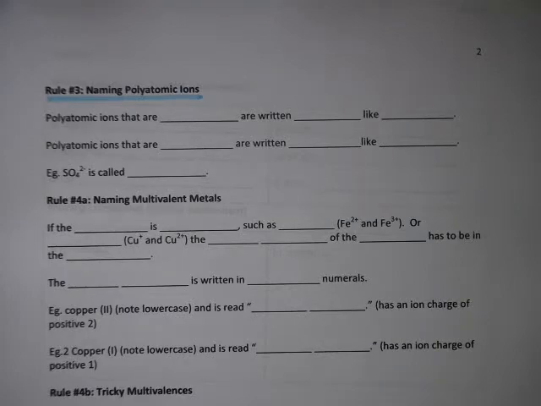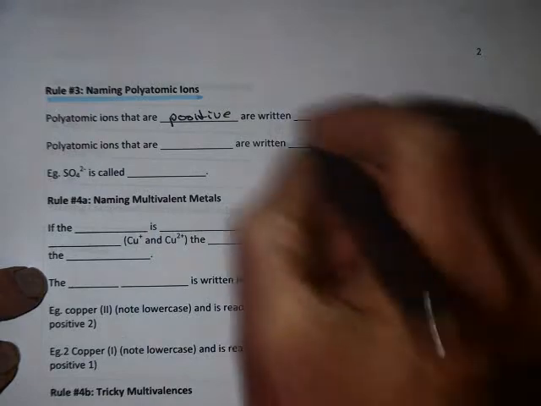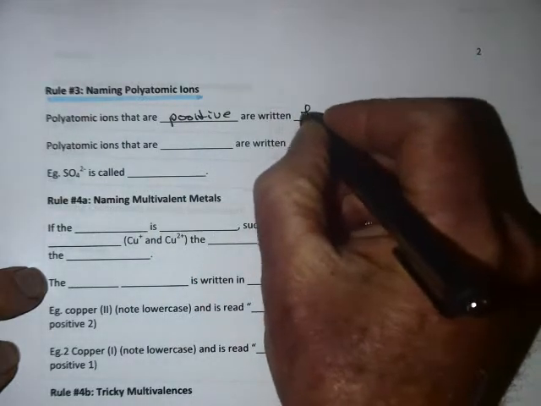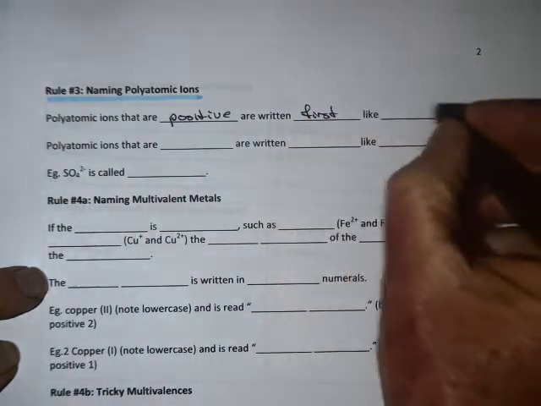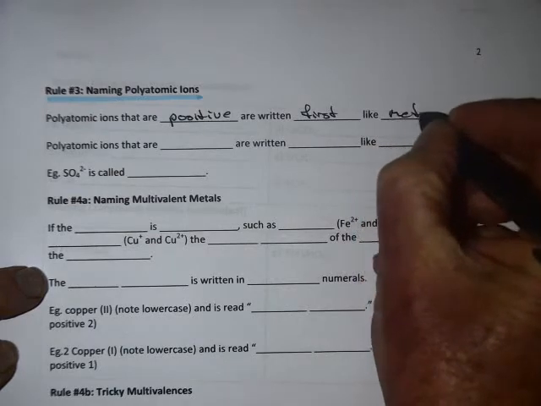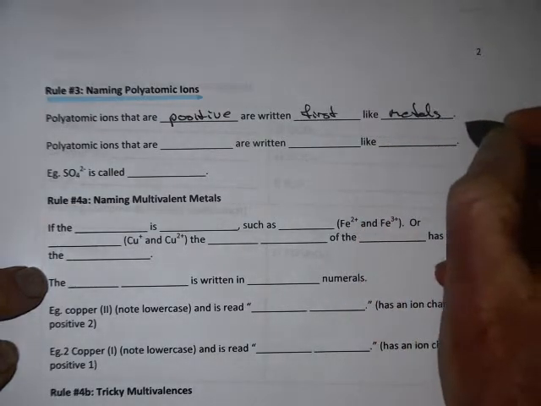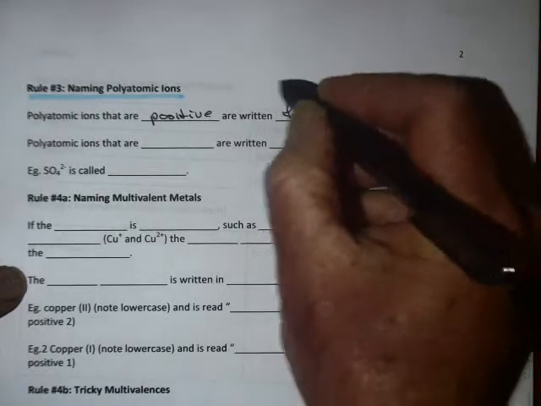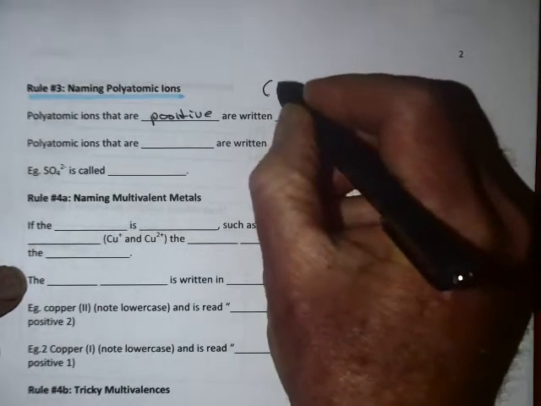Polyatomic ions that are positive are written first, like metals. Now it turns out that there is only one. The only one is ammonium.